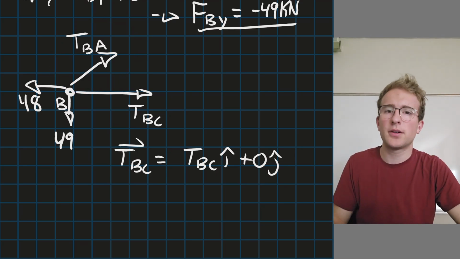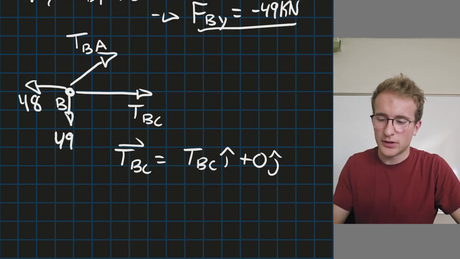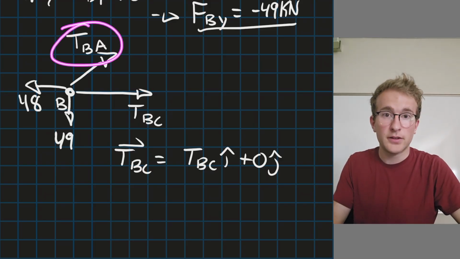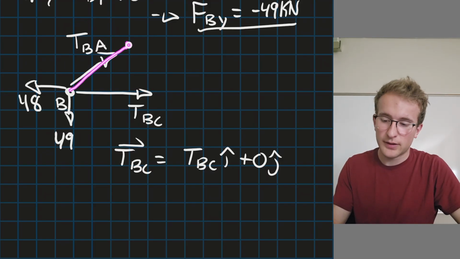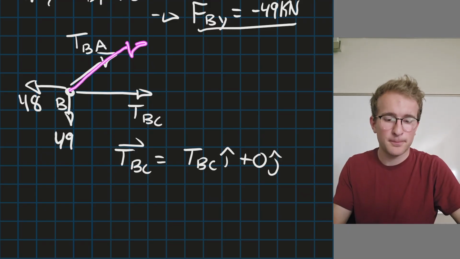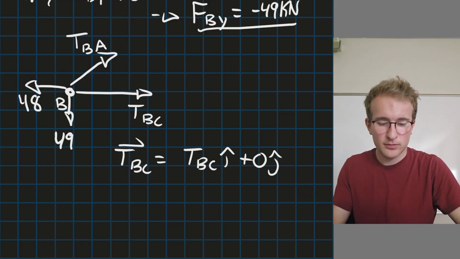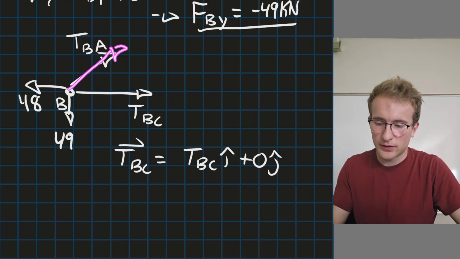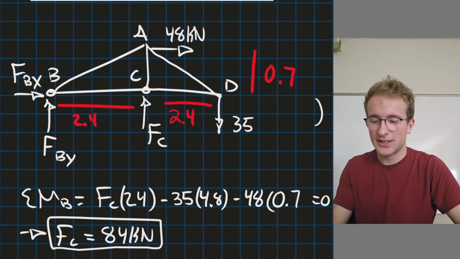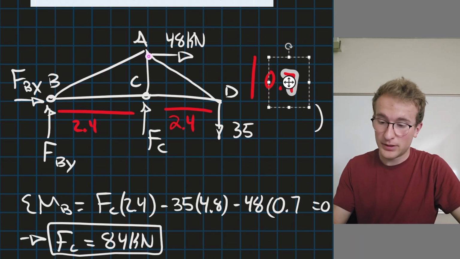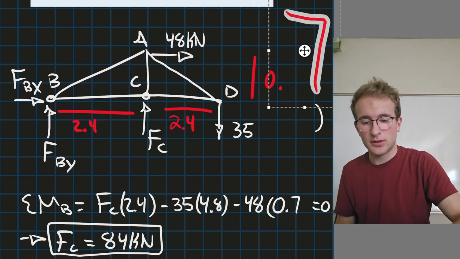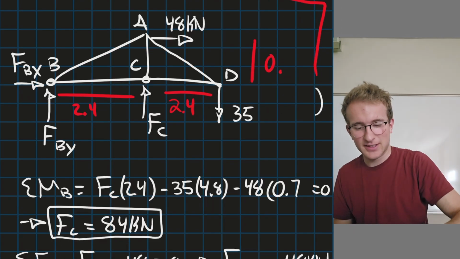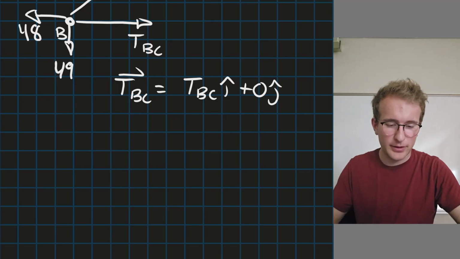Well, remember, a force vector is just its magnitude times a unit vector with the same direction as that force vector. What is the direction of this force vector? Well, again, it's from B to A. So let's write out that vector.